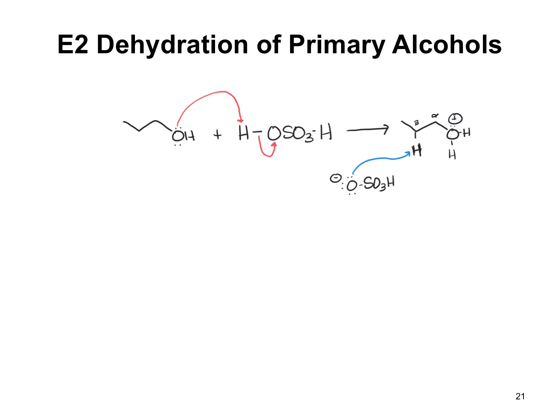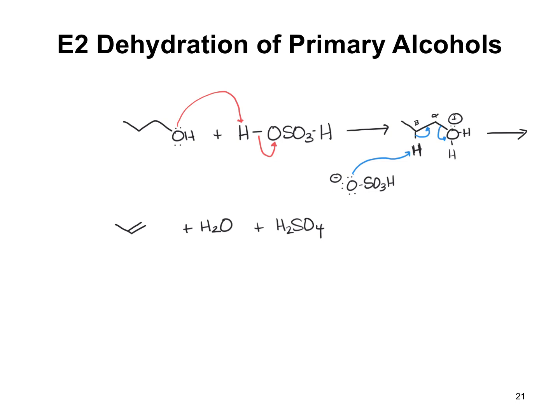When it steals that proton, these electrons jump down here to form a double bond, and now that protonated alcohol makes a really good leaving group of water. And so that means for us, right, we formed our new pi bond here. We have water as a good leaving group, and then we also regenerate our sulfuric acid we started with, and so that, of course, acts as a catalyst.